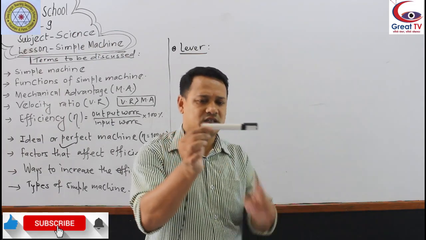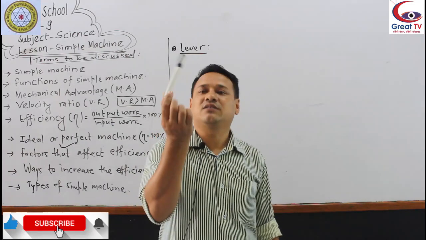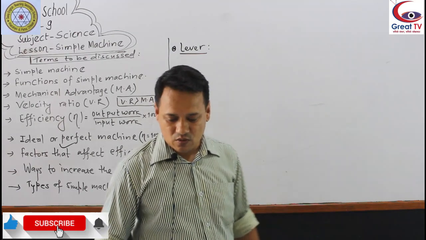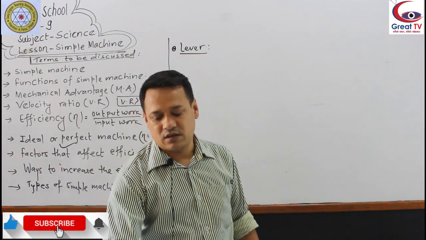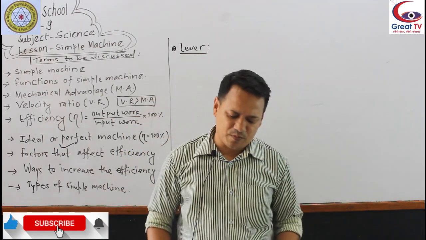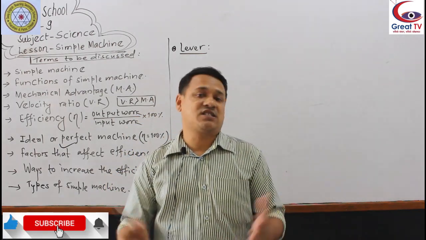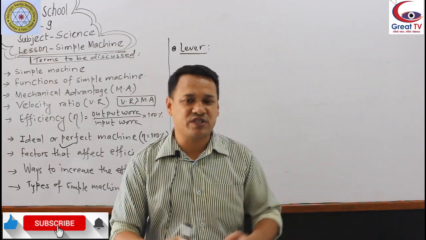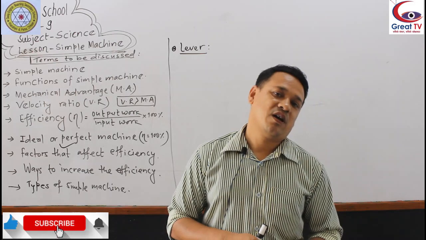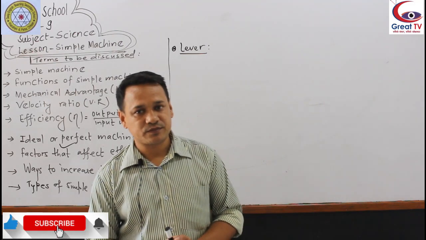Like a marker, which is a little bit straight and rigid, you can use as a lever. Here is a scale, a little bit long, you can use it as a lever also. No problem.